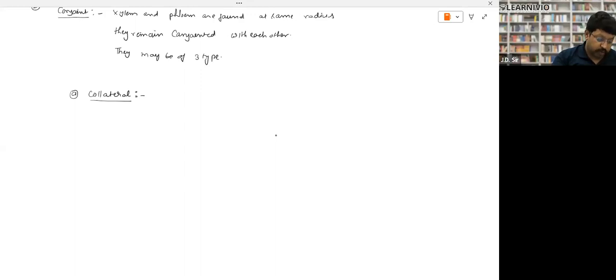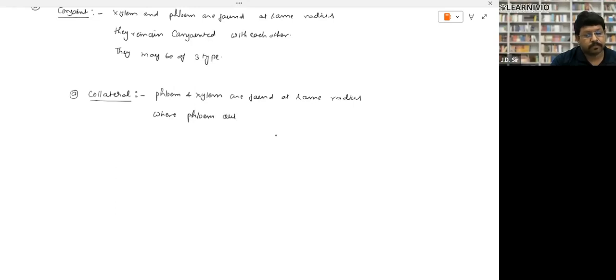Those conjoint bundles in which phloem and xylem are found at the same radius, where phloem is on the outer side and xylem on the inner side.